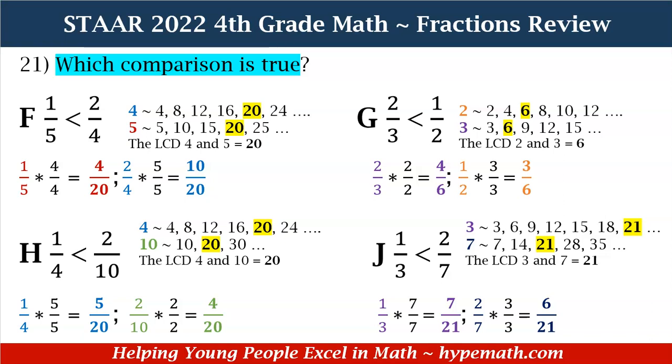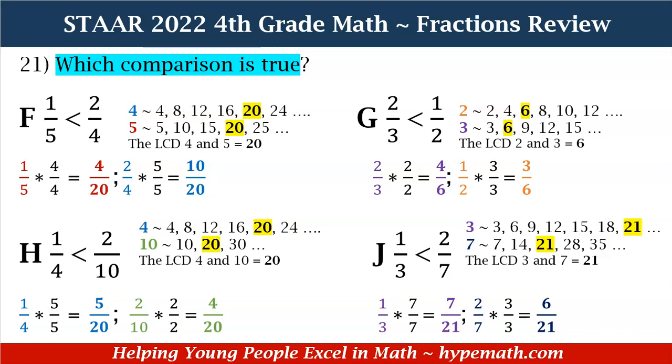Now let's look at 2/4. Again, our LCD is 20, and that means I need to multiply my numerator and denominator by 5. Multiplying my numerators across, 2 times 5 is equal to 10. 4 times 5 is equal to 20. So my equivalent fraction for 2/4 is 10/20.